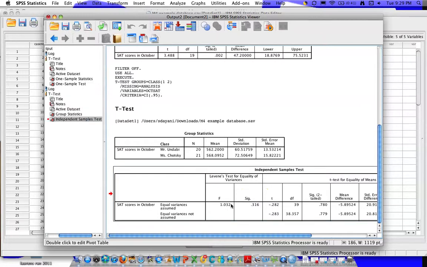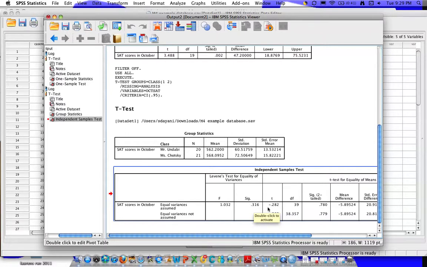Here you are given an F value and you are given a p-value, which is under sig, right? Significance is the p-value. What you want here is a value greater than 0.05 because you do not want the Levene's test to be significant. You want it to not be significant. And here you have 0.316 or 0.32, and that's not significant, so you're in the clear, and equal variances are assumed.